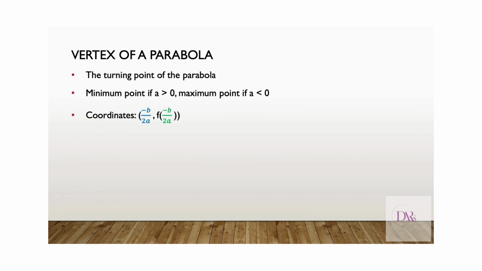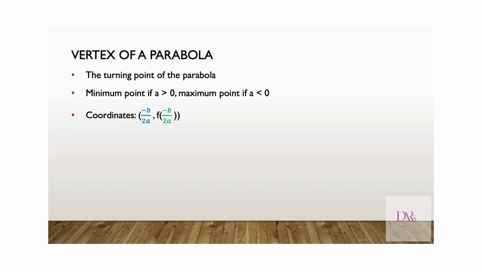Vertex of a parabola. This is where the turning point of a parabola is located. It's either the minimum point if a is greater than 0 or the maximum point if a is less than 0. Now we're going to find the coordinates for this particular vertex.